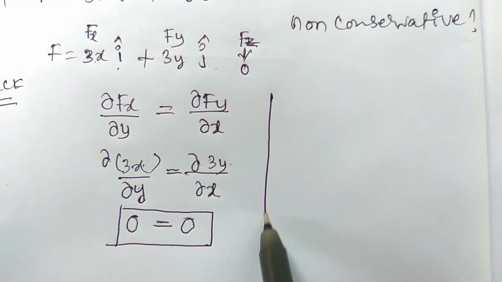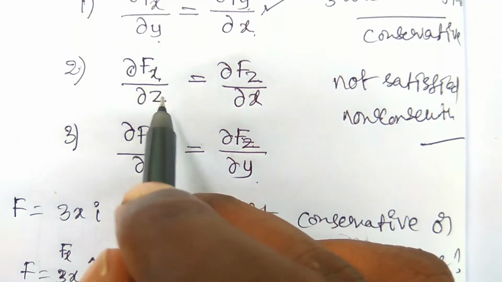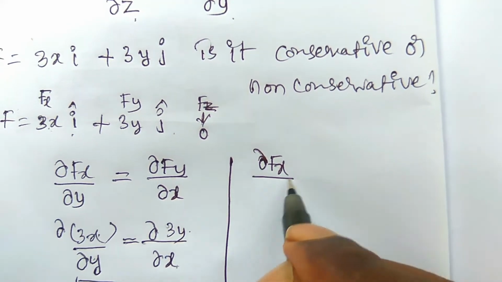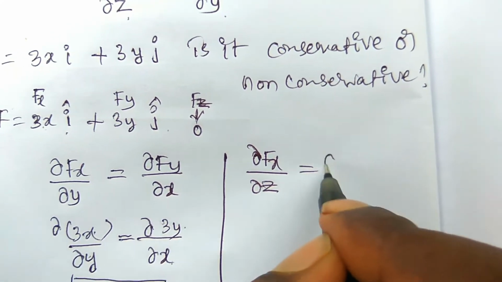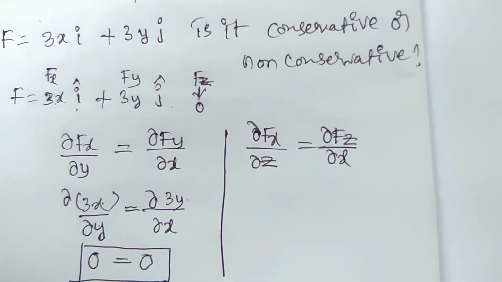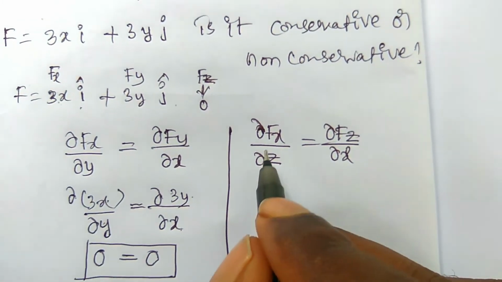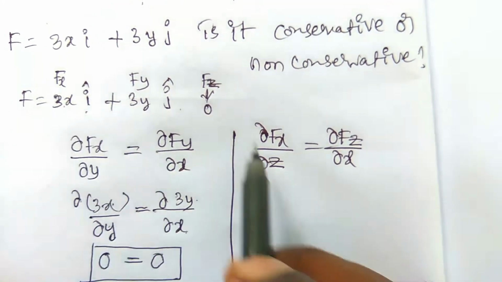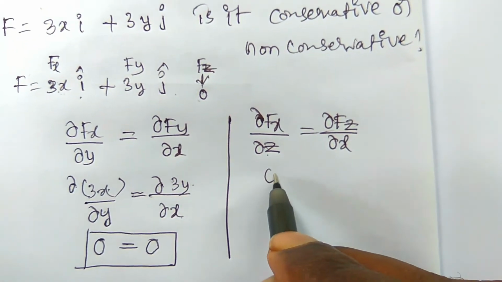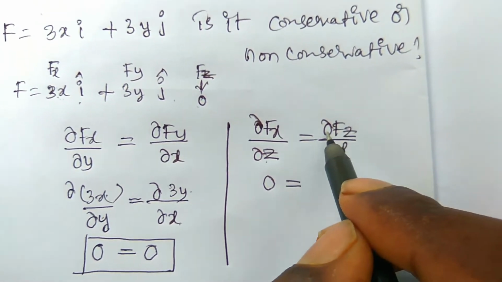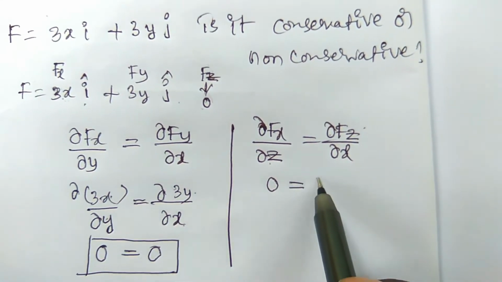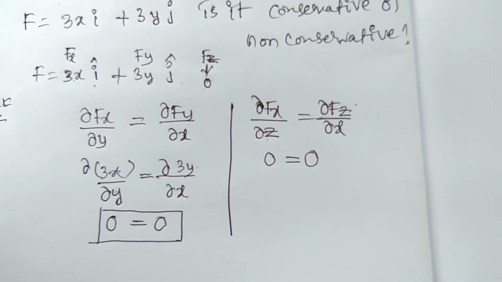Let us check the second one. What is the second one? Del fx by del z is equal to del fz by del x. Fx is already 3x, and there is no z factor, so it is 0. Fz is also 0, and 0 does not differentiate, so it is equal to 0.